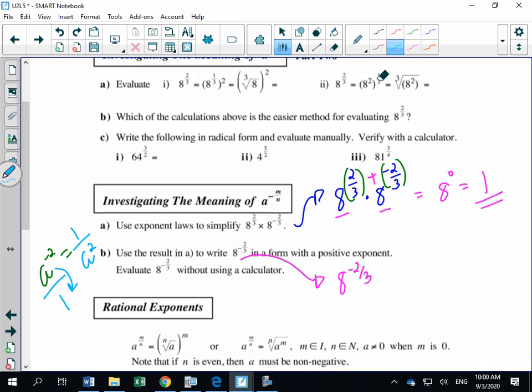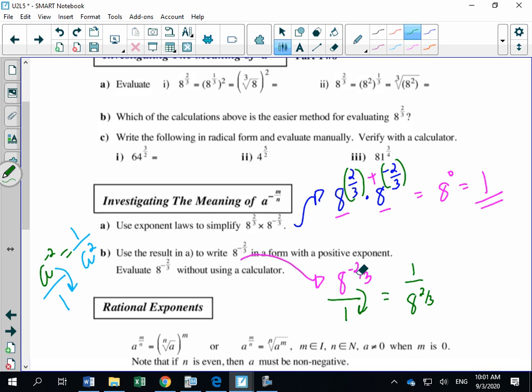We get to apply the exact same thing here, even if it's a fraction. The same rule applies for negative exponents. So if you want to make that negative exponent positive, do what you were told in the previous lesson, in lesson 3, and this becomes 1 over 8 to the 2/3. So to go from negative 2 to positive 2, you take the reciprocal.